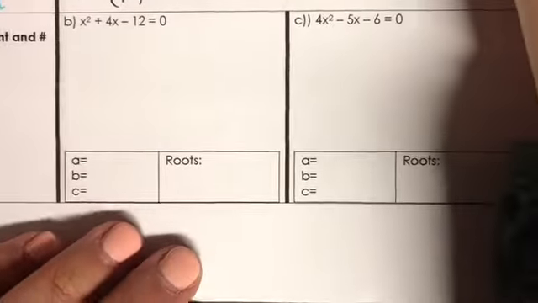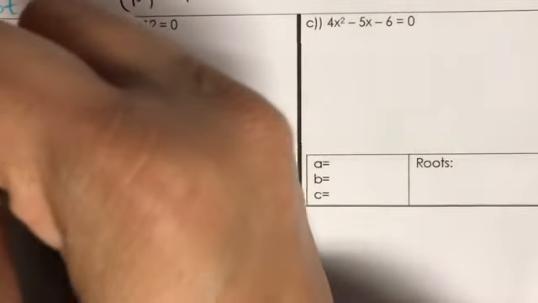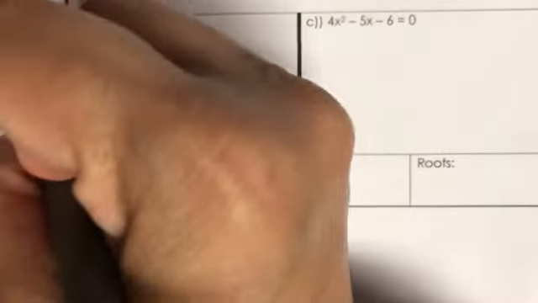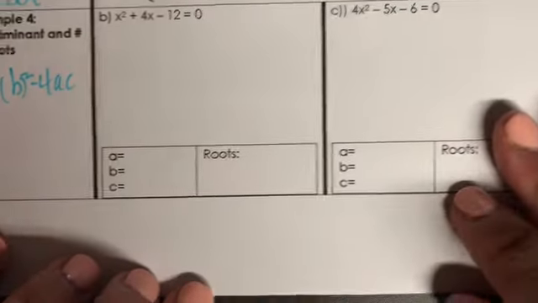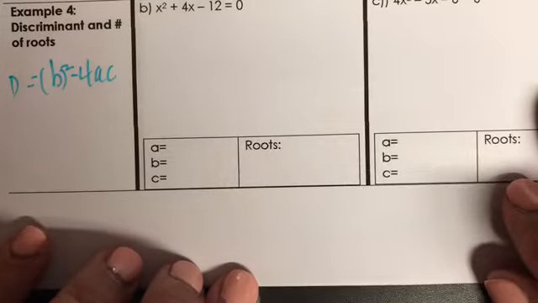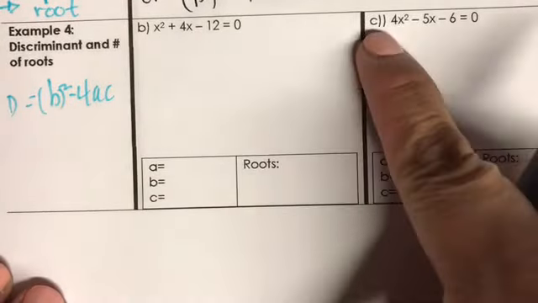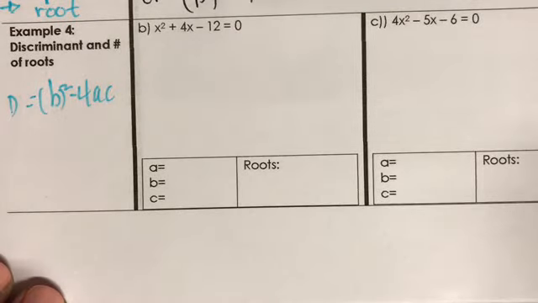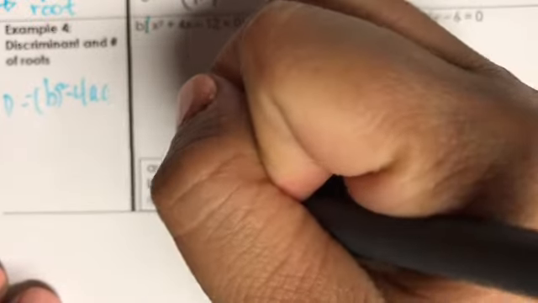Let's look at B. Remember, we're saying that B squared minus 4AC is equal to the discriminant. That's the formula we're going to use on B and C. And that has a little extra parentheses. So let's indicate what A is. A is 1, B is 4, C is negative 12.